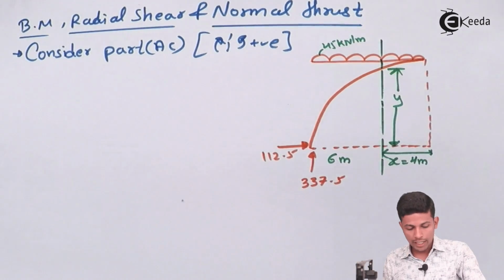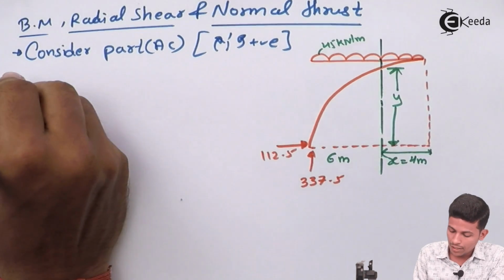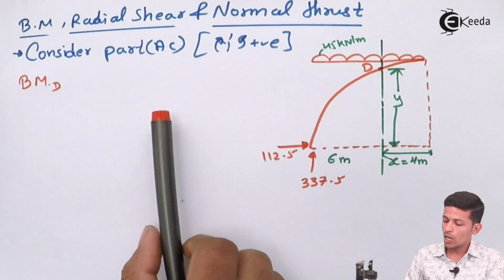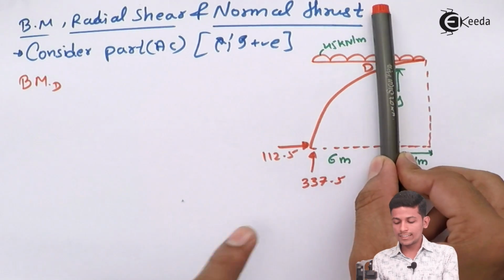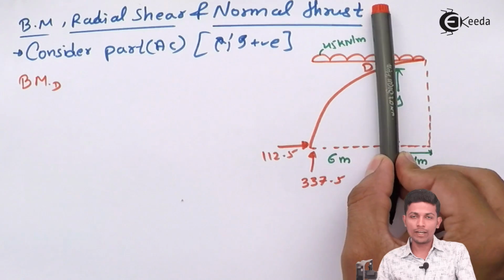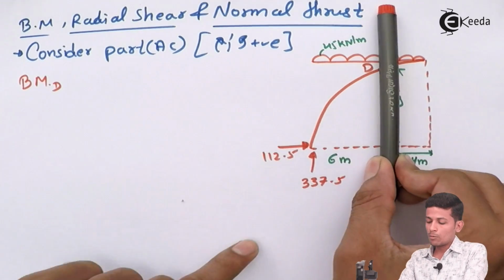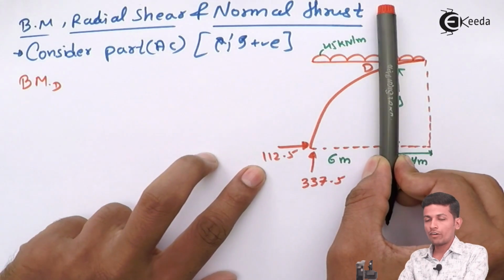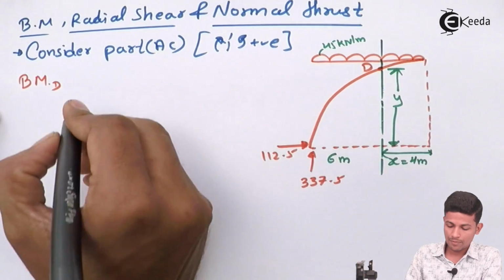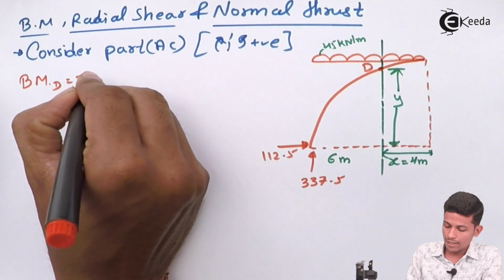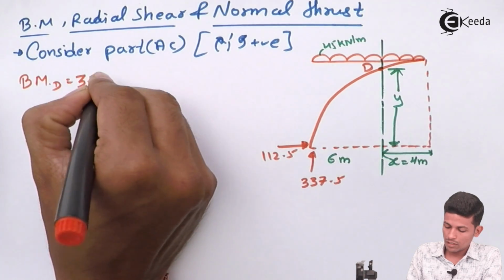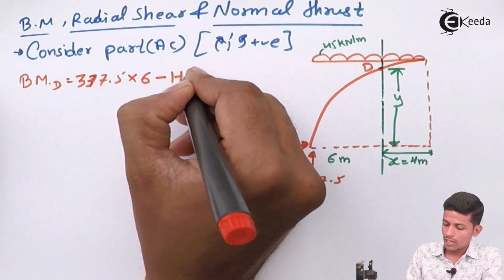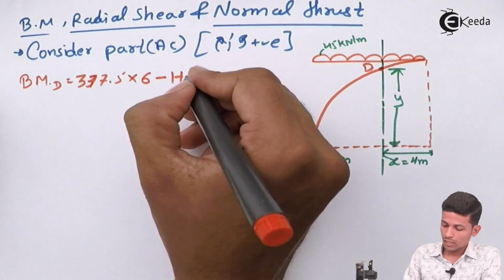Okay, now we have to write the bending moment at D, let us name this point D. Now we have to take this section and see this side, and find the bending moment over here. So what will come over here? 337.5 into 6, then minus 112.5 into y. 337.5 into 6, then minus H into y.